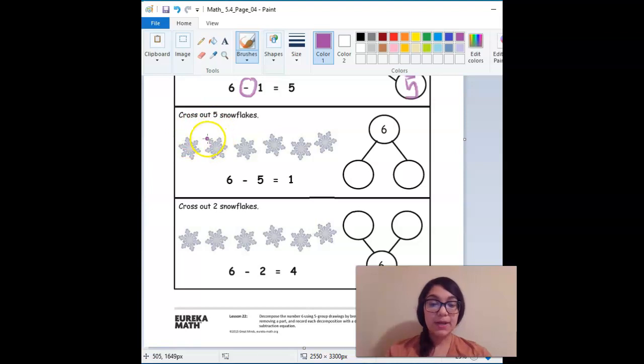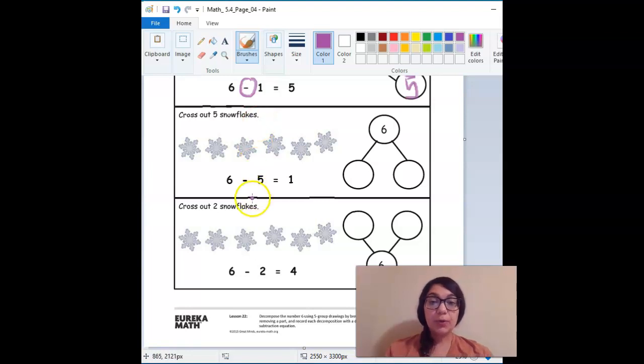All right, now we're going to move on to the snowflakes, the middle problem. So I will read you the directions, and then you guys are going to work by yourself, and Miss Guerra is going to silently work the problem by herself, and then we'll go over it. Capiche? Capage. All right. So it says cross out 5 snowflakes.